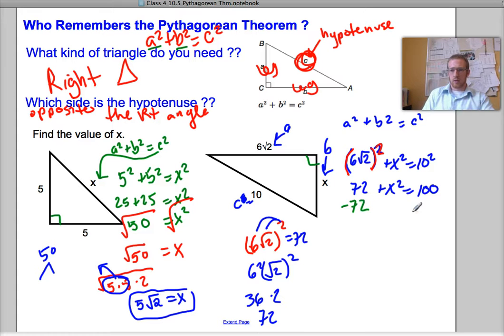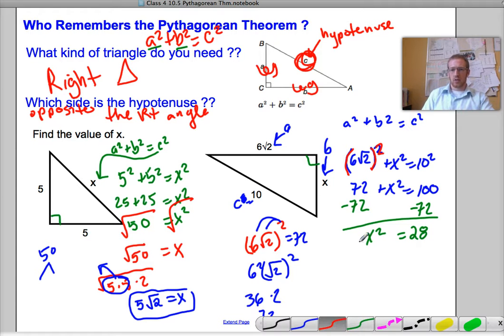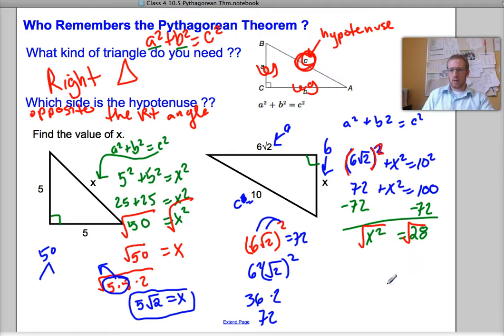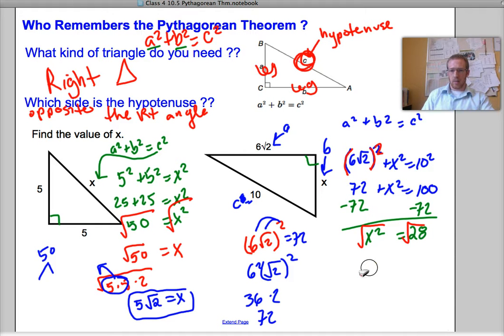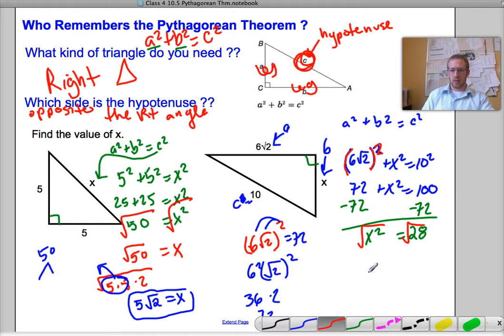Minus 72, and we get x squared equals 100 minus 72, which is 28. And now we can take the square root of both sides. Alright, that gives us an x over here. Technically it should be the plus or minus square root, but it's a distance, so it can only be positive.